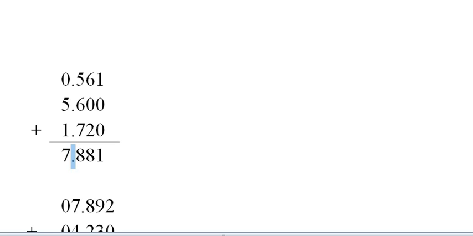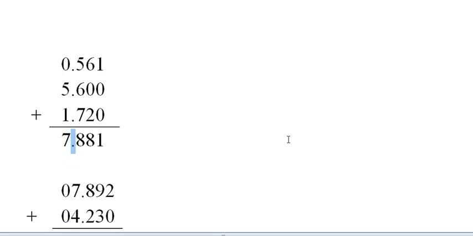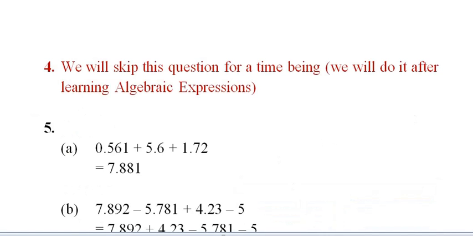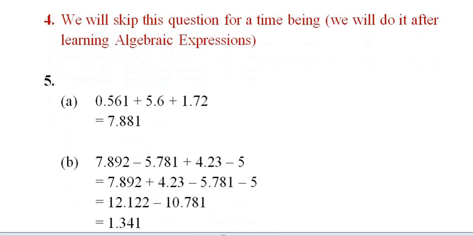Now let us move on to question number 5b. Let me just show you out here in this solution. We have already seen the chapter called integers, and in the integers I had said that you make a group of positive numbers and negative numbers.